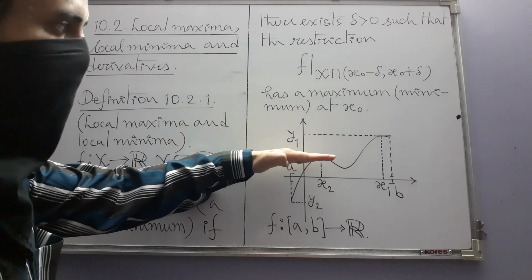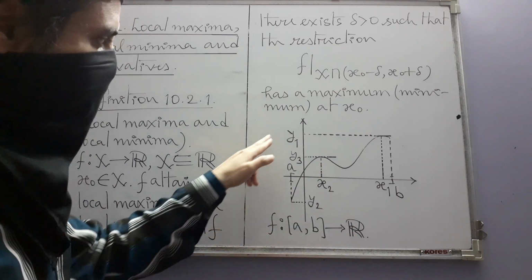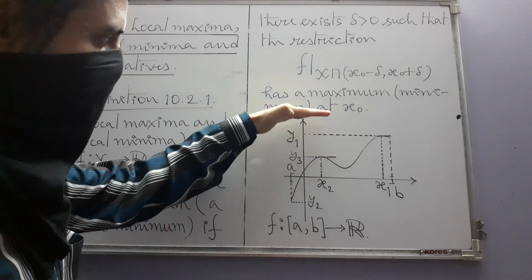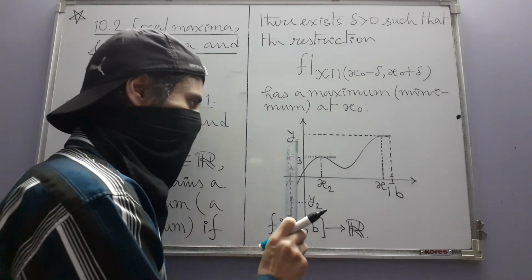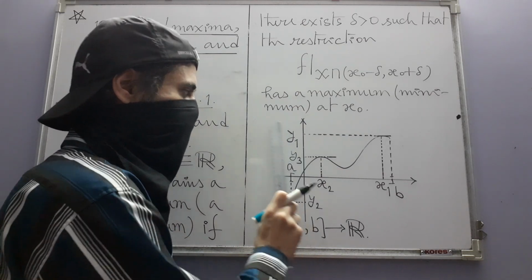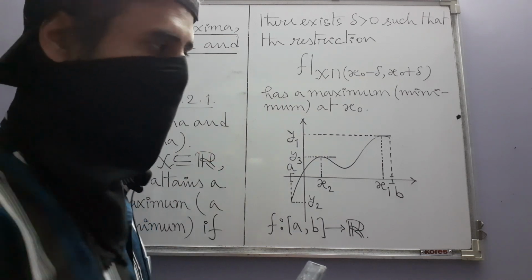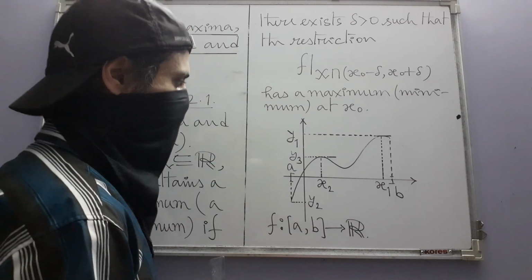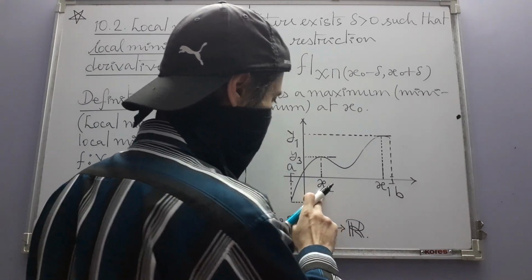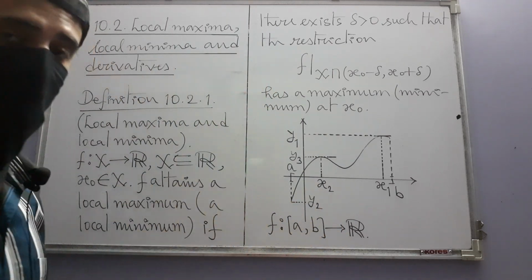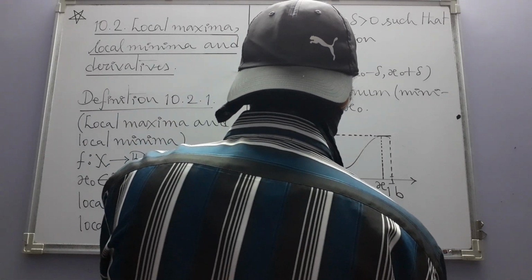Now y3 is actually not the maximum value of f, because that is y1, which clearly is greater than y3. But y3, in spite of not being the maximum, is a local maximum. Why? That's because if you concentrate your attention around x2 in a small enough region, for example, you choose that region to be, say, this.